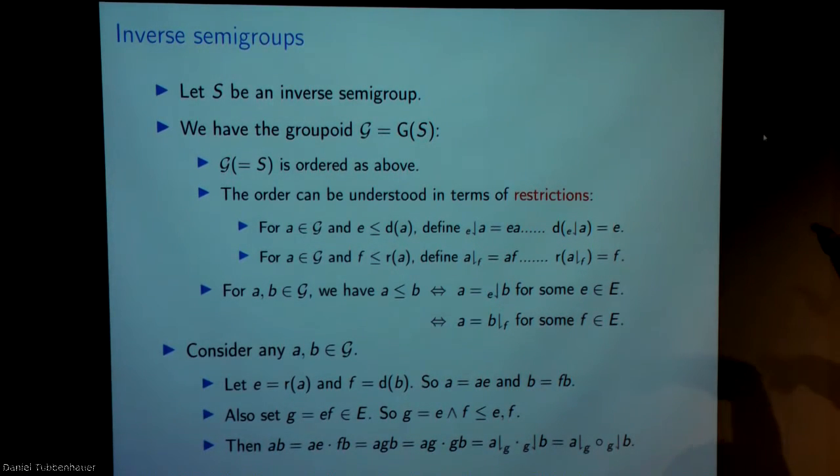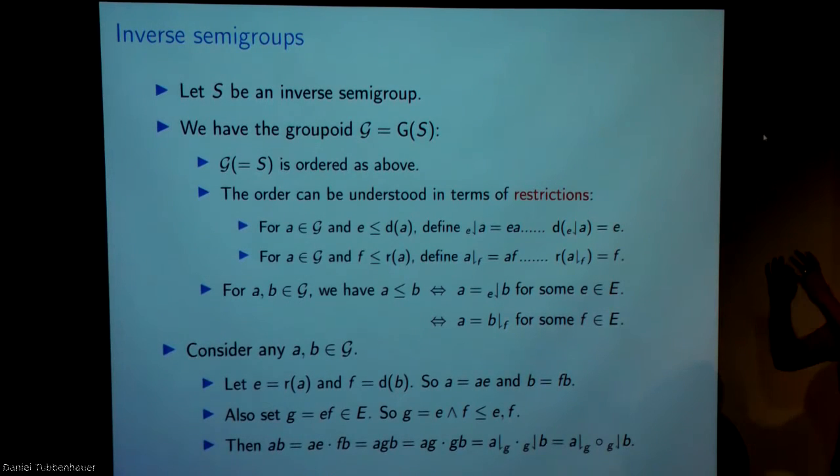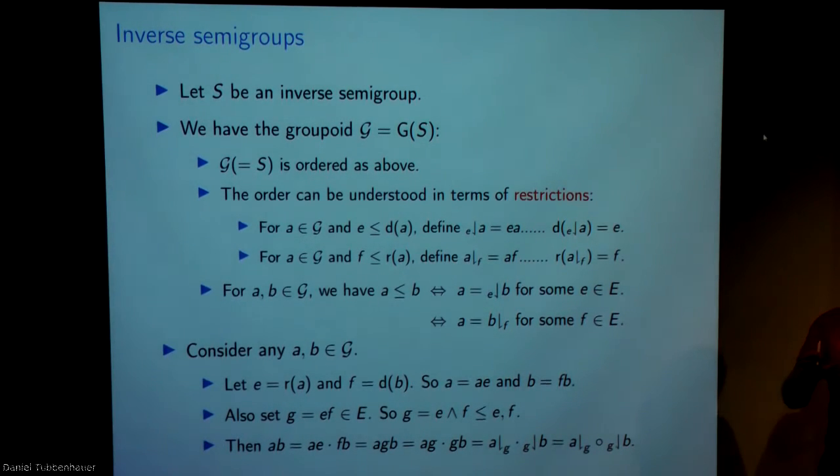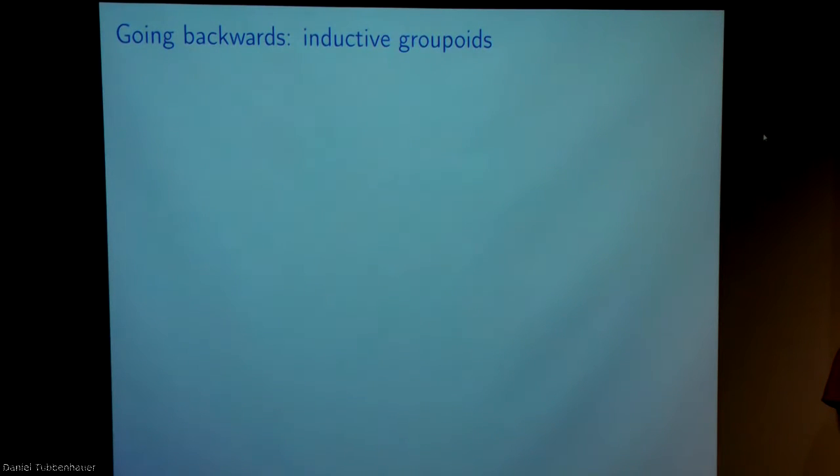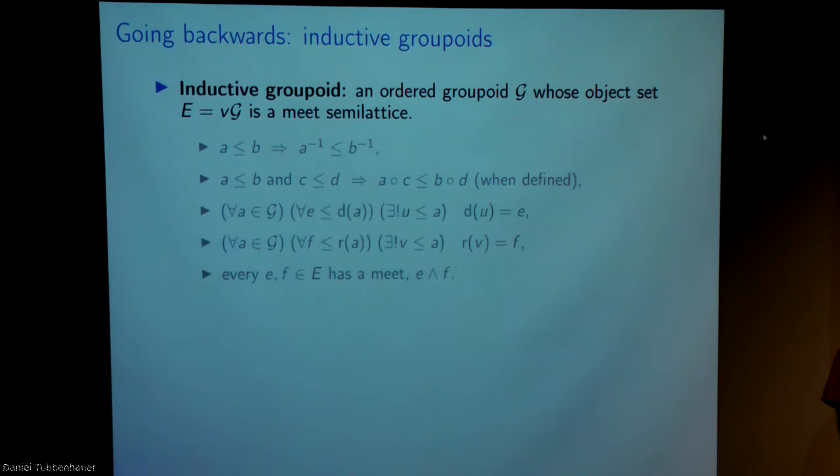So if you start from a semigroup and form this groupoid, you can go back. Okay. Now we just want to know what are the exact groupoids that we get from this kind of construction. So that's the idea of inductive groupoids.